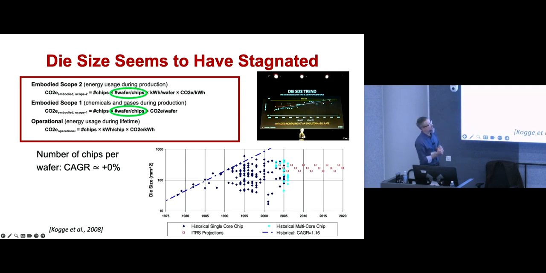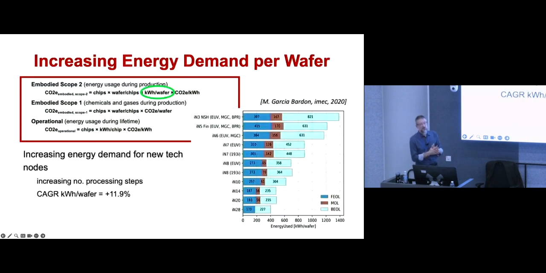It turns out that especially for high-end systems, die size is stagnating, as we are reaching the reticle limit, which is around 800 square millimeters, which is what we can design a single chip in as a result of the manufacturing process. So I think it's fair to assume that the number of wafers that we need to produce all those chips is not growing. Now, what about the total energy needed to produce a wafer?